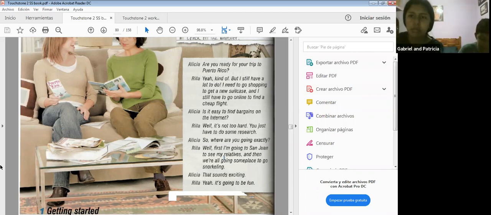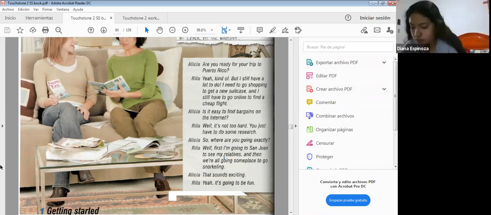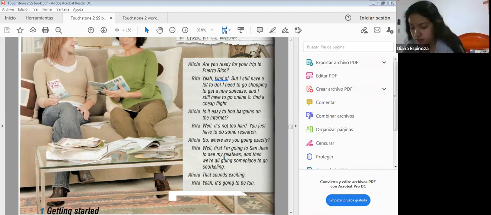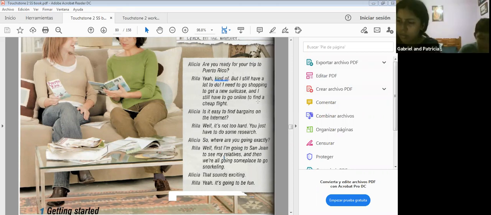You just have to do some research. So where are you going exactly? Well, first I'm going to San Juan to see my relatives, and then I'm going someplace to go snorkeling. That sounds exciting. Yeah, it's going to be fun.